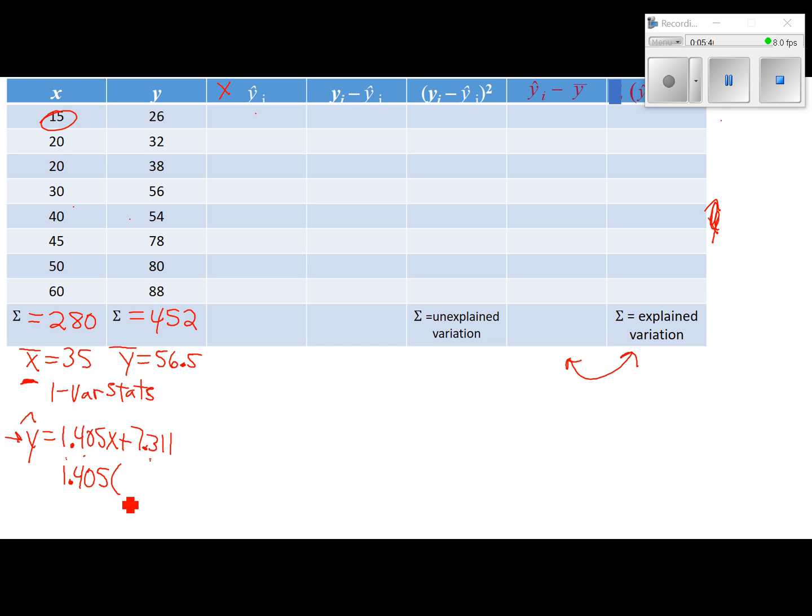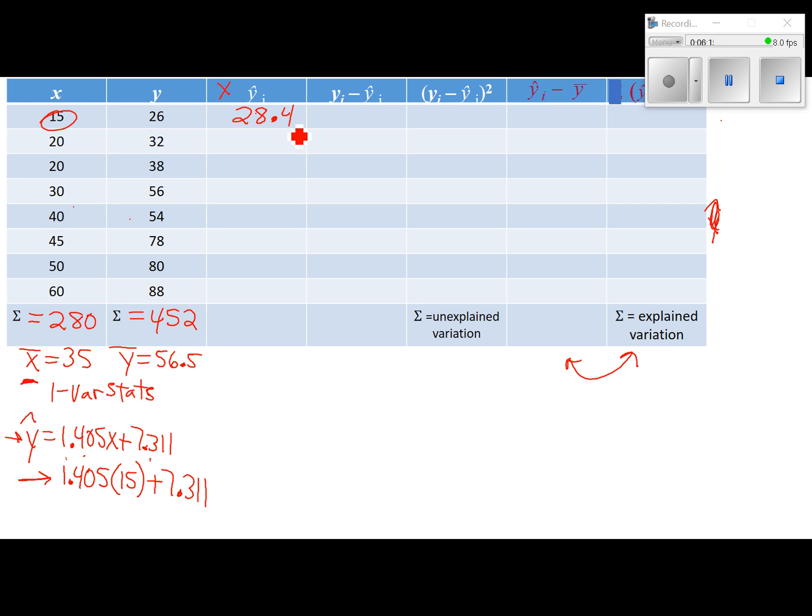For x, I want 15 plus 7.311. If you just type that all right into your calculator, it will give you your y hat. So for the first one, when I typed it in my calculator, I ended up with 28.4, and I rounded it off.